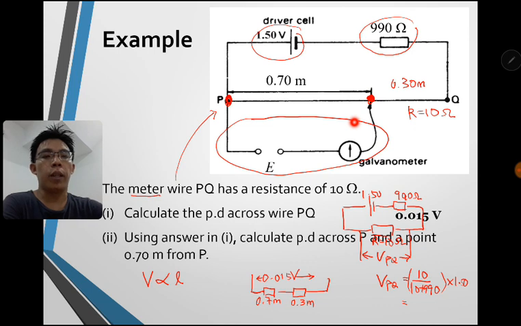So if you want to find the 0.7 meter PD, we use the 0.7 that we're looking for, and the 1 meter. Okay, V of the 1 meter, since we already got that. So this is 0.7 meter. Here we used 1 meter instead of the 0.3 because we don't have the PD for the 0.3, though we can find that. Not very difficult, just subtract it from the 0.015.